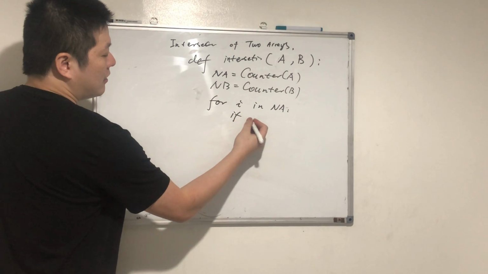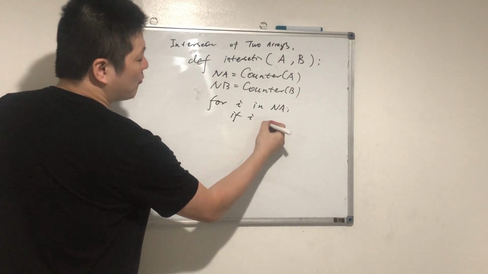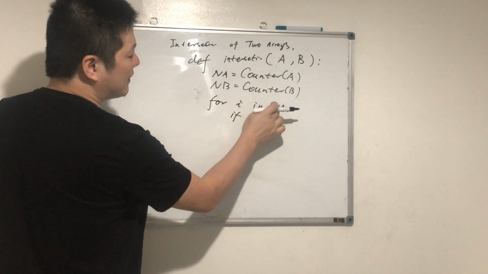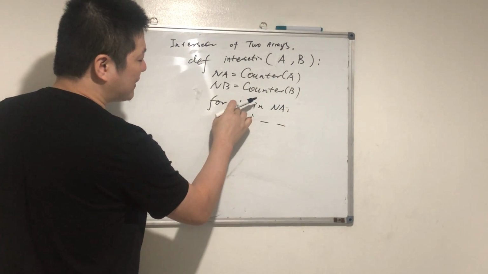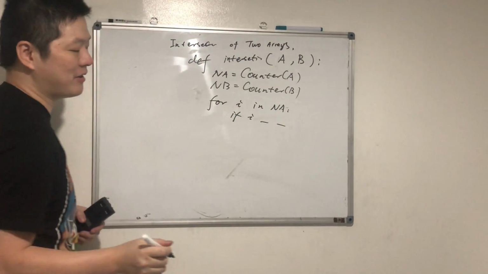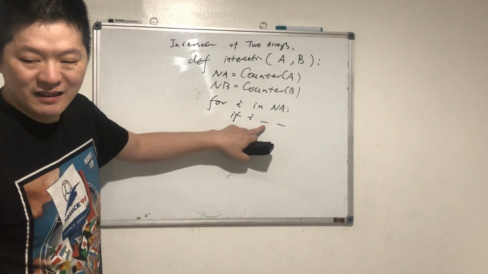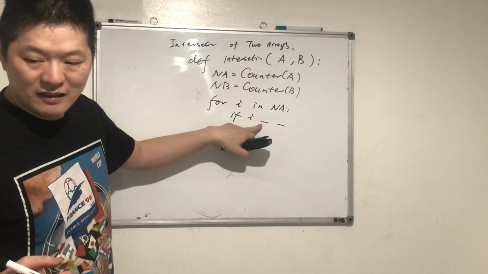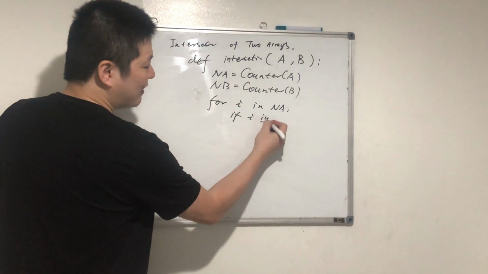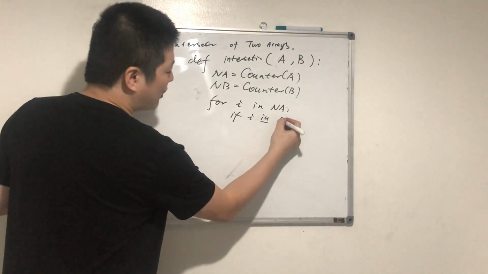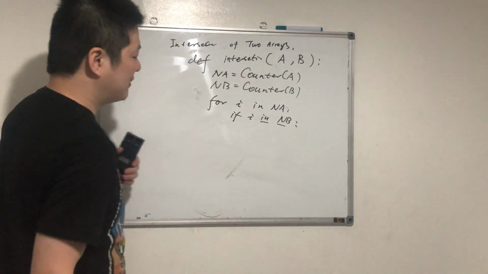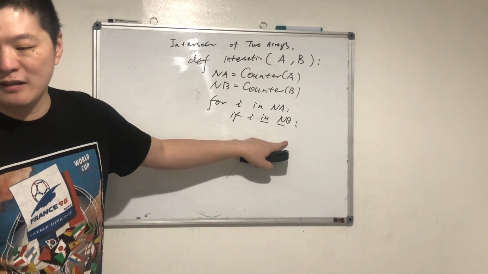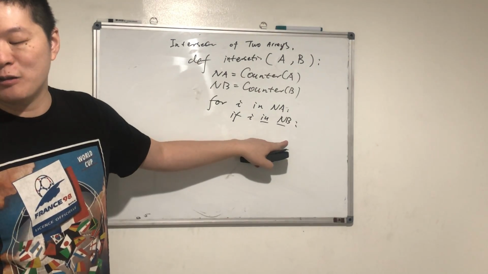If I in notebook B. So this number appears in both arrays, right? So what do we do now?